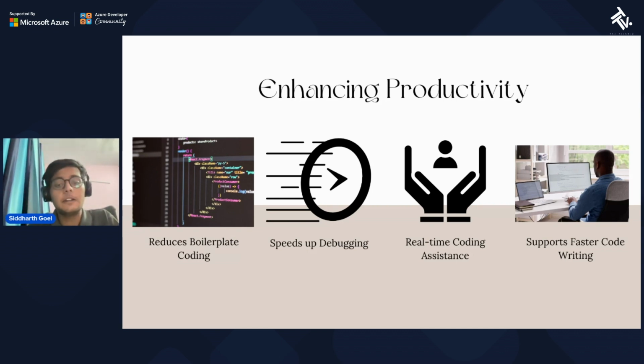And then it speeds up debugging. I already discussed earlier how Copilot Studio is helping to speed up the debugging process and making the delivery of your product faster. And real-time coding assistance: Copilot Studio would help you by giving code suggestions in real time. As you are writing code, you would be getting real-time suggestions, and you are free to incorporate them in your code or reject them as per your needs.